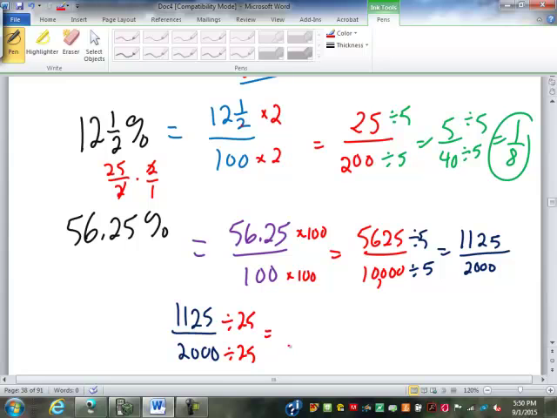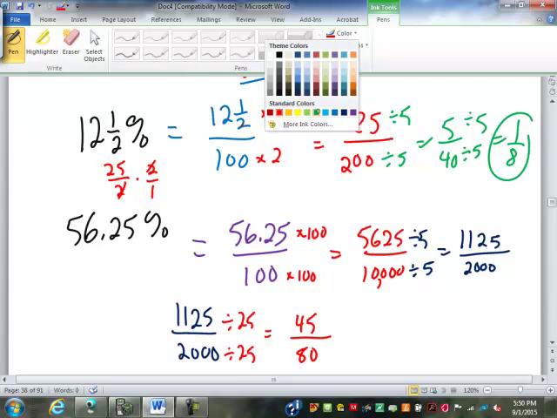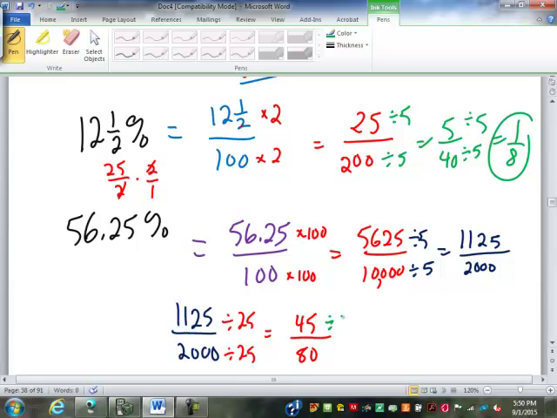Which is going to give us what? Is that 45 over? What do we got down there? 80. There we go. Thank you. 45 over 80, and still divisible by 5 again. Give us 9/16.